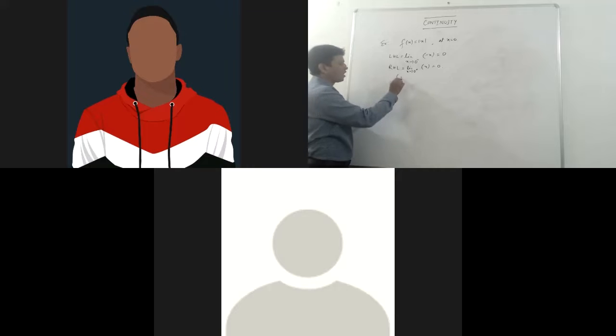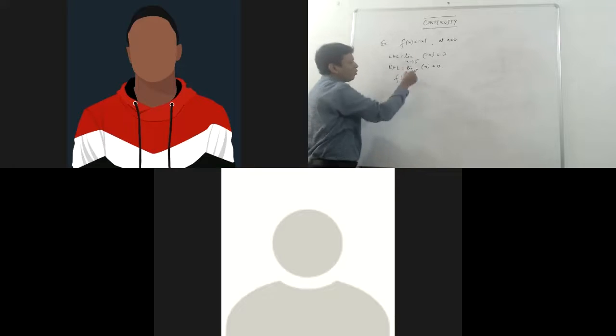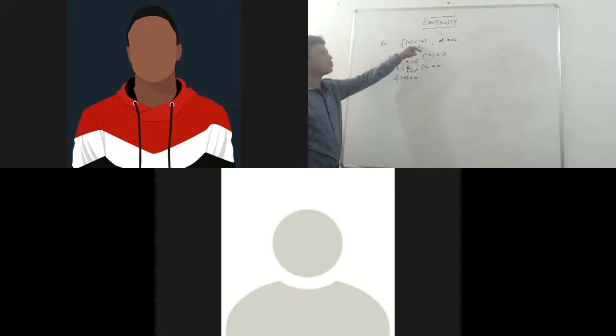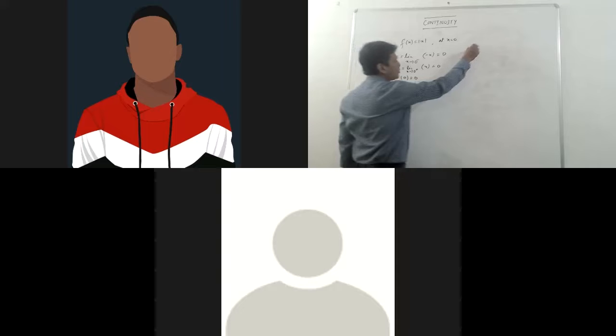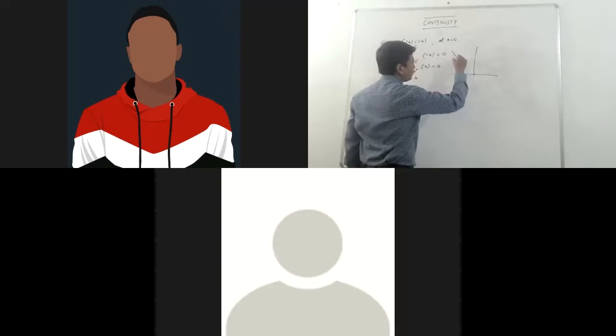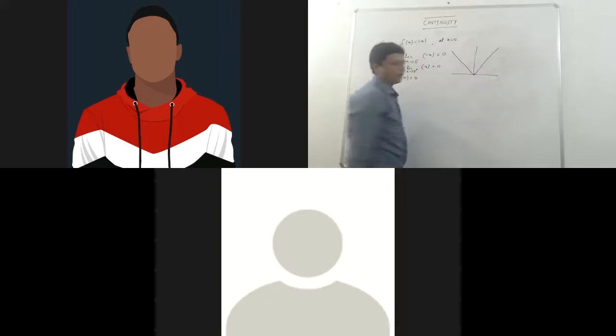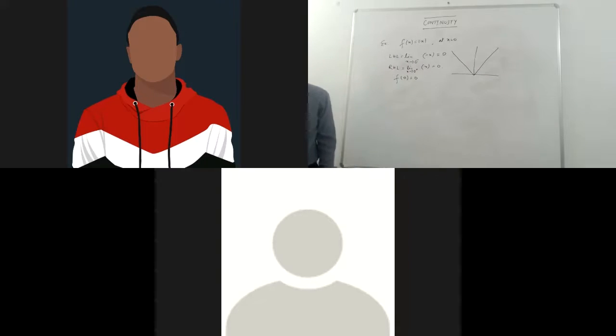And what is your functional value at 0? Mod 0 will be 0. And if you see the diagram, without lifting the pen I can draw it. It is continuous. I will show you differentiability later on. Let me go step by step. Let me clear continuity first. So this is the concept of continuity.